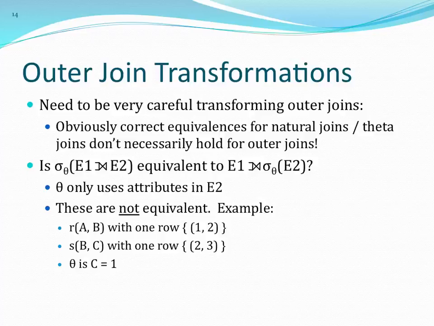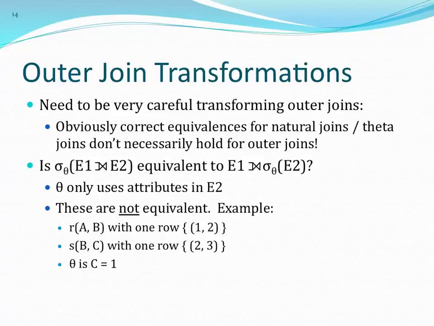Well, in this case, it's R left outer join S. We actually have a matching row, so we generate a result 1, 2, 3, and then we apply this predicate C equals 1 and C is 3, so that gets evicted. So we have a situation where the left expression is going to generate an empty result set.